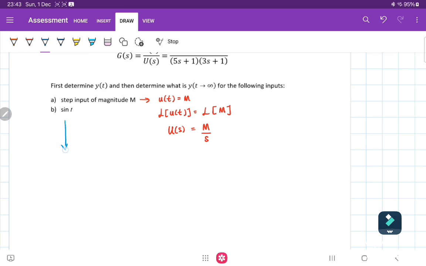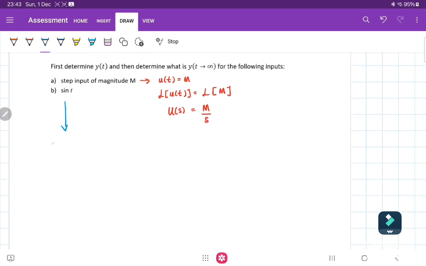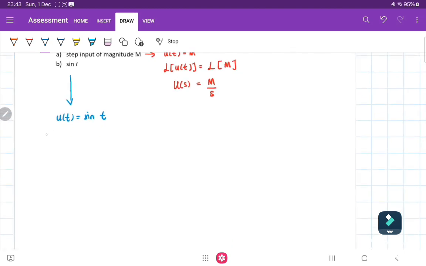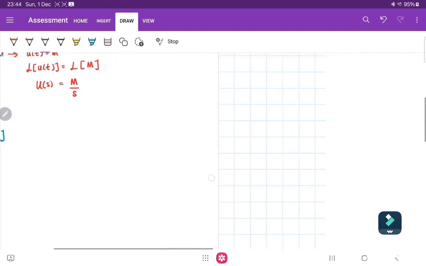Meanwhile, for sine t, our input is u of t equals sine t. So you use a Laplace transform to transform sine t. This is where table 3.1, the Laplace transform table, is useful to you. You need to find the item for sine t.